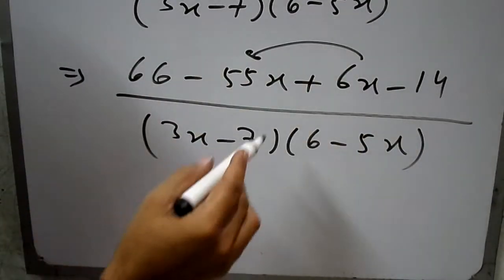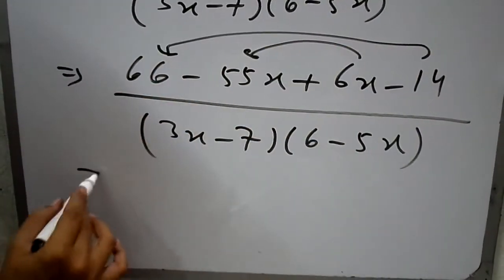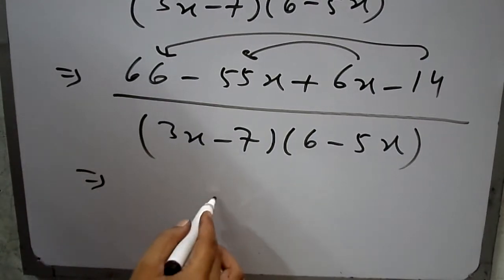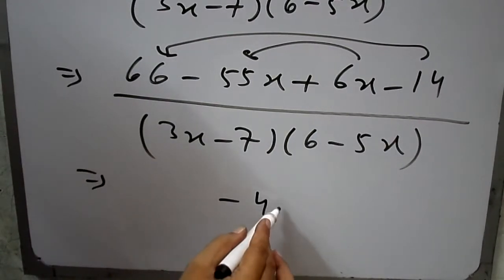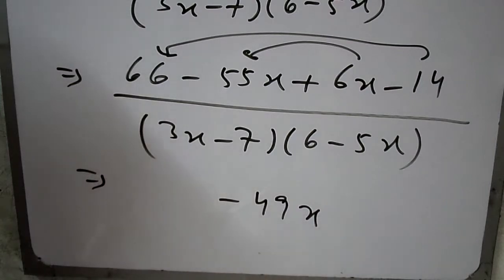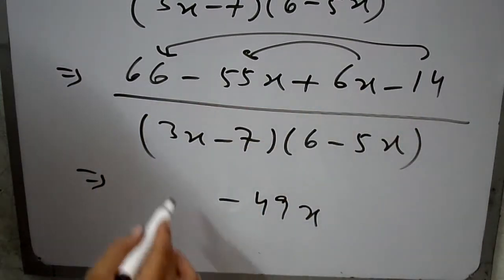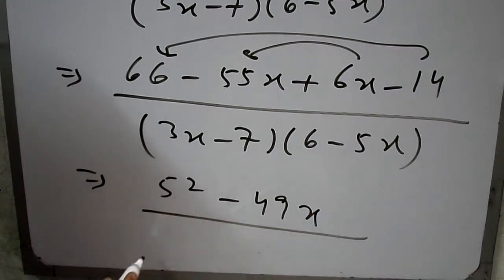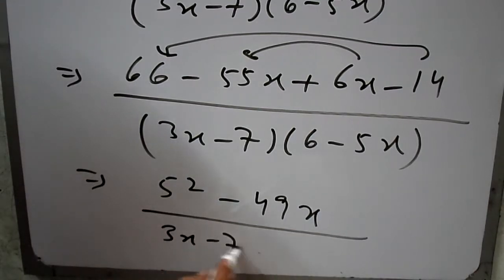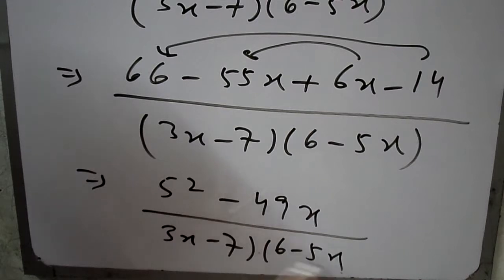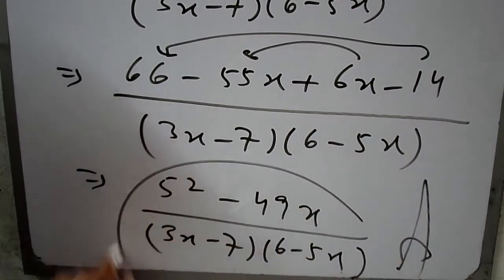Similar terms will be added. So you will get minus 49x, and 66 minus 14, you will get 52 by 3x minus 7 into 5x. So that is your result.